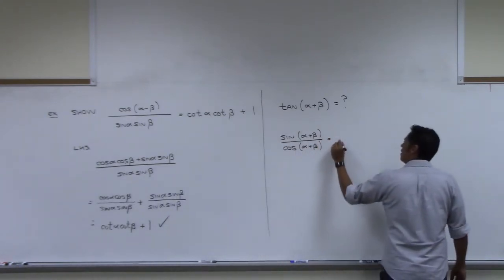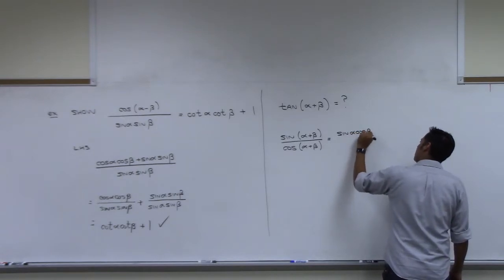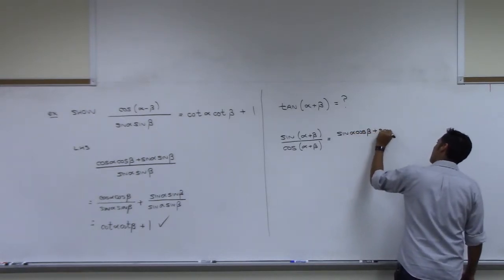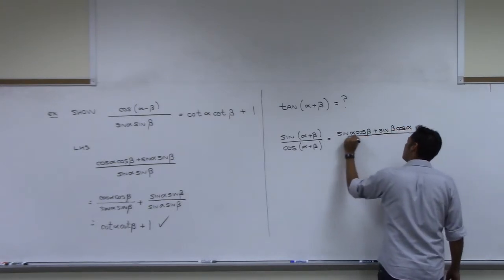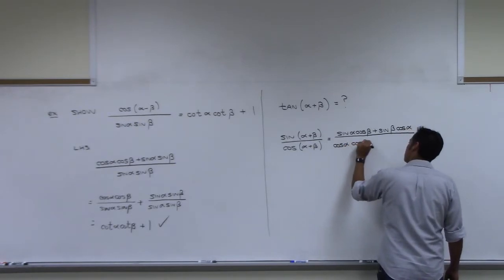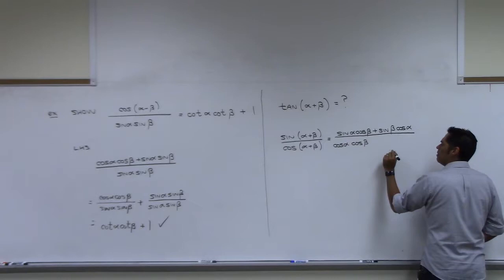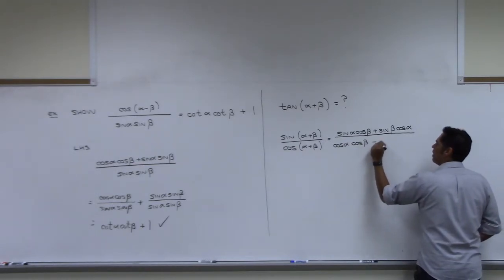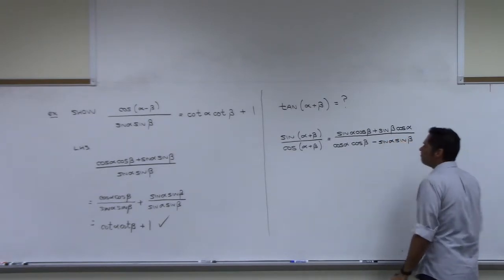The numerator is sine alpha cosine beta plus sine beta cosine alpha, over cosine alpha cosine beta, plus minus what? What is this one? Minus, okay, sine alpha sine beta.